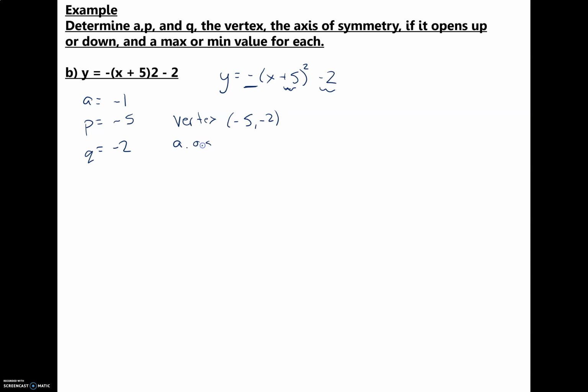We have an axis of symmetry going through that x value. We have a graph that is negative, so it opens down. Here's my quick picture to show it, which helps me see that that vertex is a max, and that max value is happening at whatever the q value is, -2.